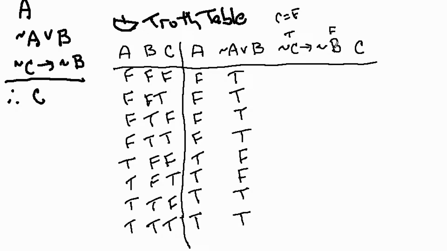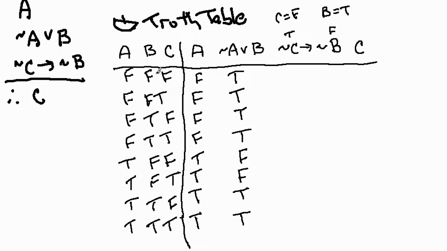And not B is false whenever B is equal to true. Now remember what we're doing here is we're just finding the situations where this is false. In all other situations, it's true. So let's repeat that one more time. This statement here will be false when C is false and B is true.